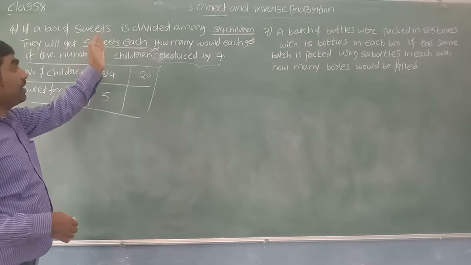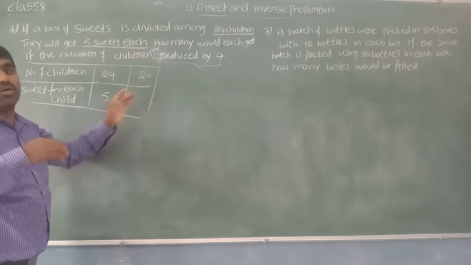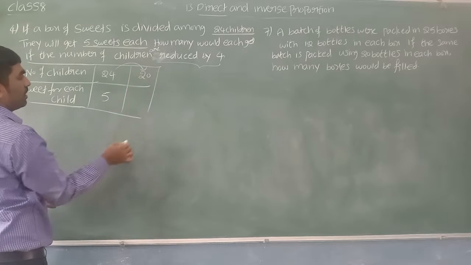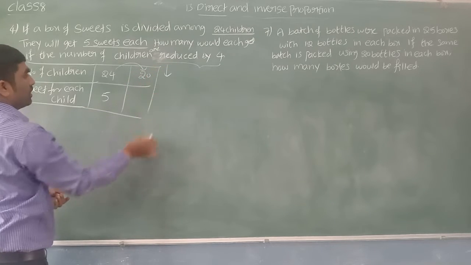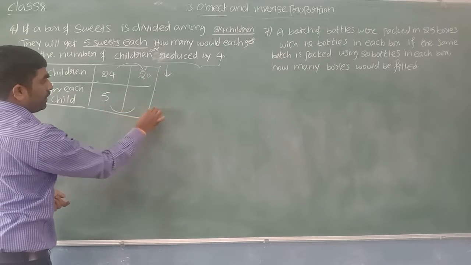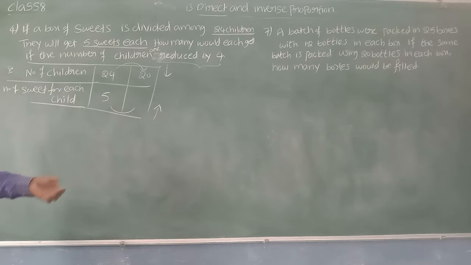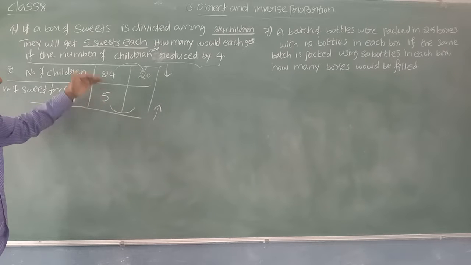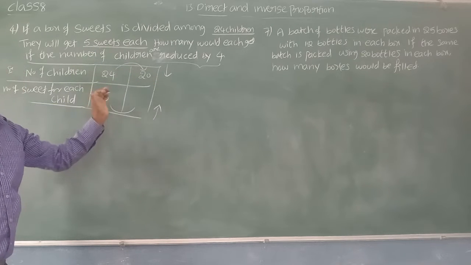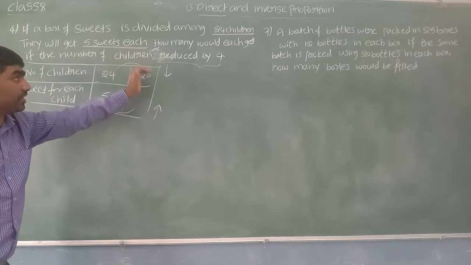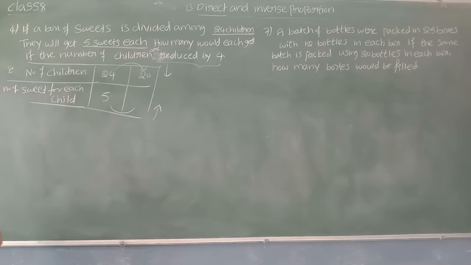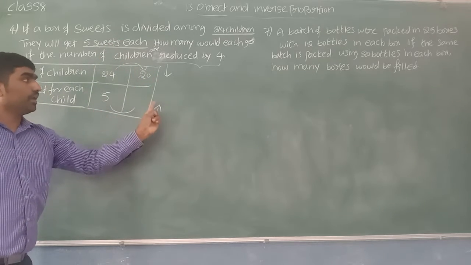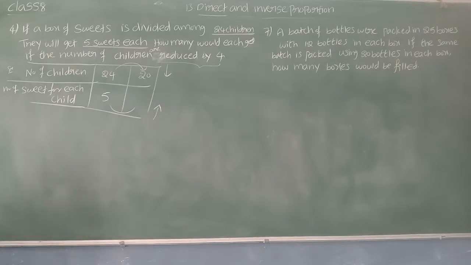When the number of children is reducing, we can give more sweets to each child, so sweets for each child will be increased. Here one quantity is decreasing and the other is increasing, so it is in inverse proportion.